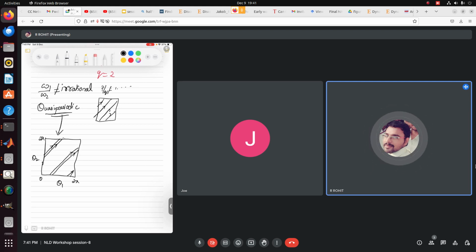This behavior is shown because if p by q was a rational number, it crosses 2 times, then it comes back in the same path. But now since p by q is not rational, the trajectories will be moving very closely to each other, but they will not go in a closed orbit.